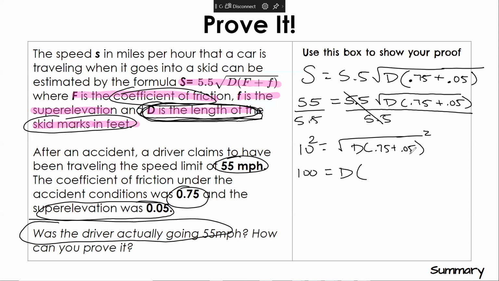And let's go ahead and combine 0.75 and 0.05. That's going to give us 0.8. And so now we're trying to get d by itself. So we're going to divide by 0.8.